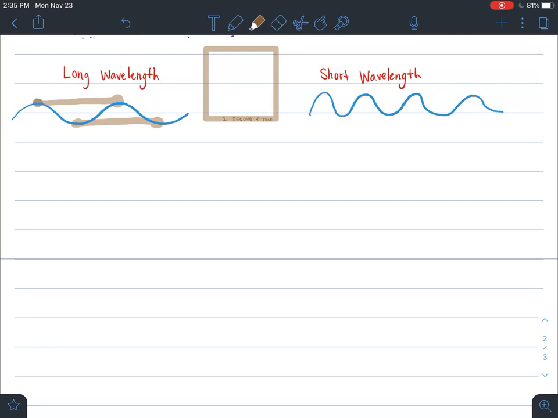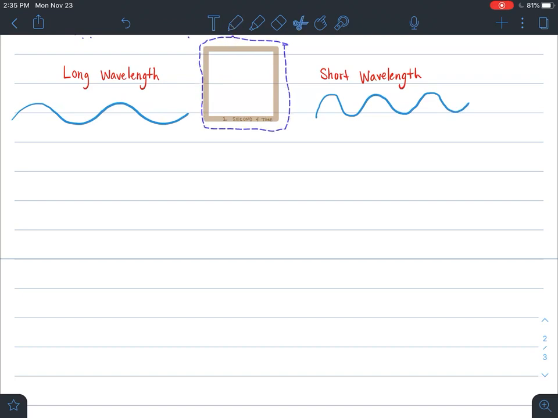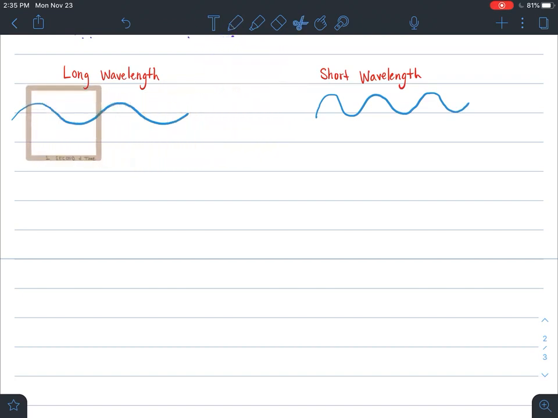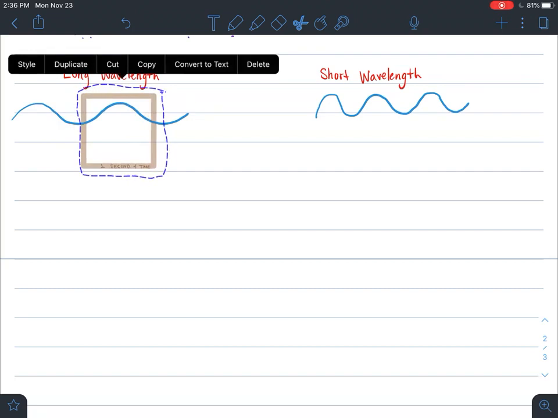Now, let me get rid of my measurement lines. Whoops, and I have to add my short wavelength wave back on here. Now we're going to look at the frequency. So I made this little box to look at what happens in 1 second. If I look at 1 second of time in this wave, you can see that there's not even one full wave here.